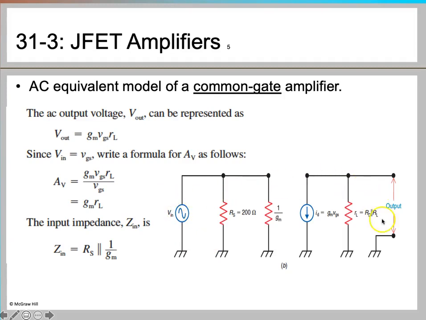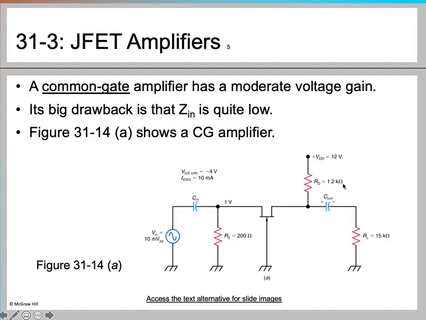You might be thinking how we have obtained these AC models from these circuits. That's another topic on how you can convert to an AC model, which is out of the scope of this course. But for now, just understand that this is the AC model representation of this.